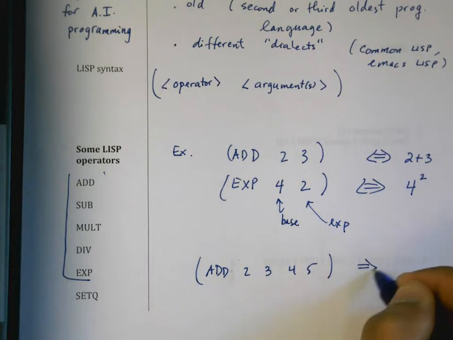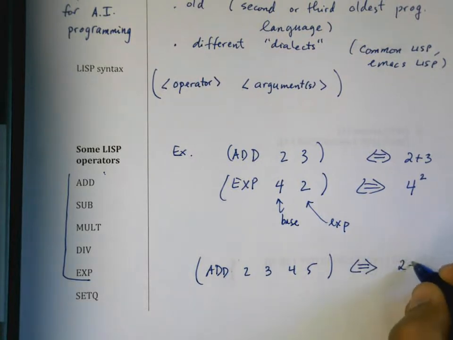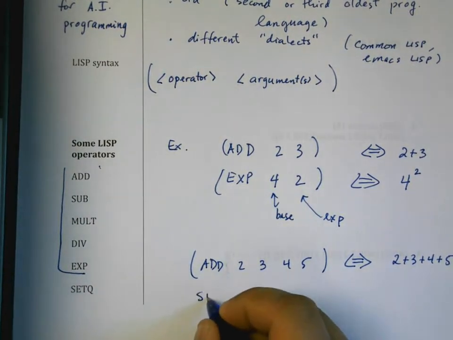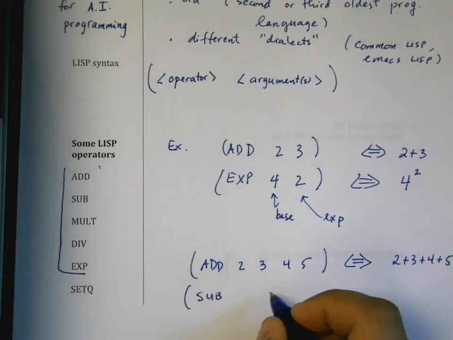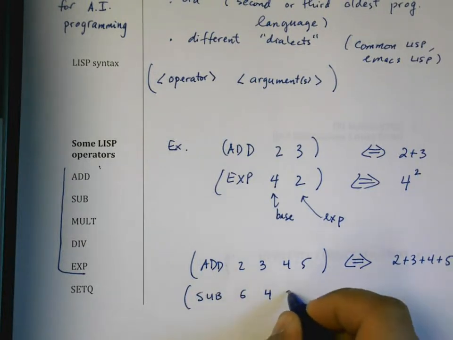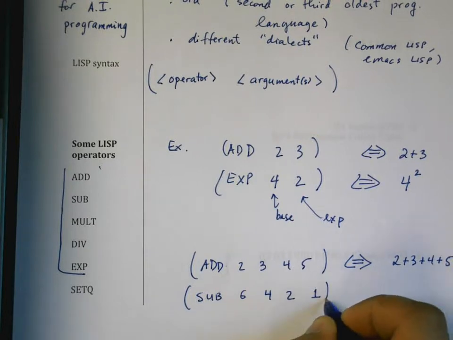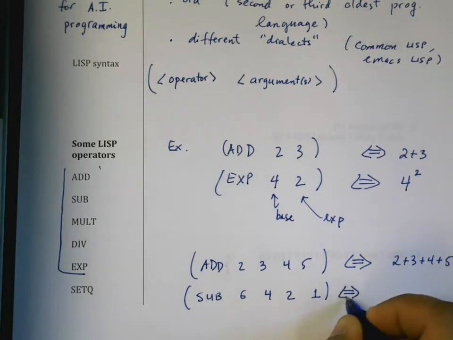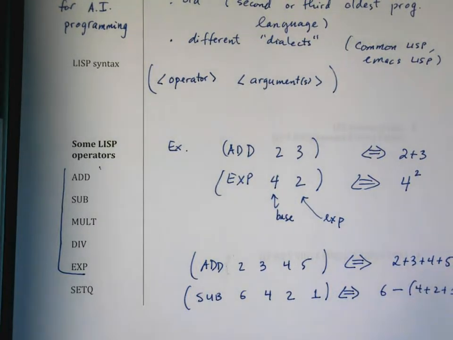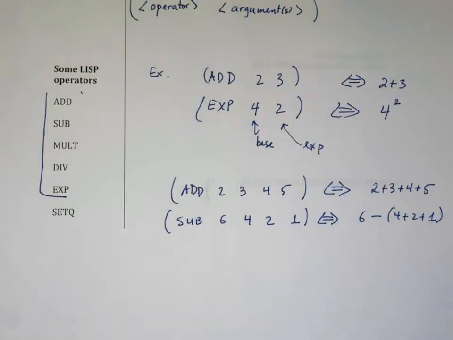You could also do subtract with, say, 6 4 2 1. This is saying take 6 and subtract 4 plus 2 plus 1. And then finally, we have setq, which is an assignment operator.